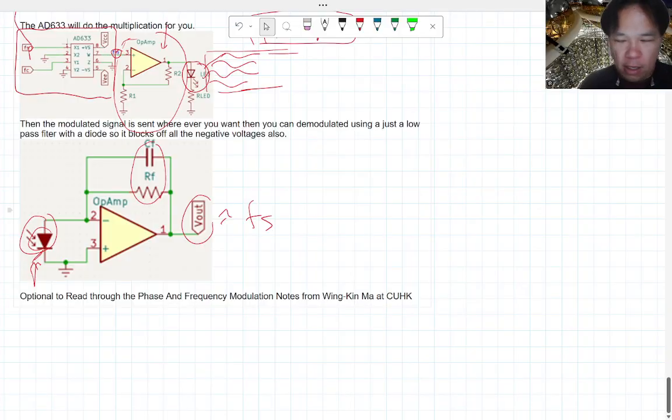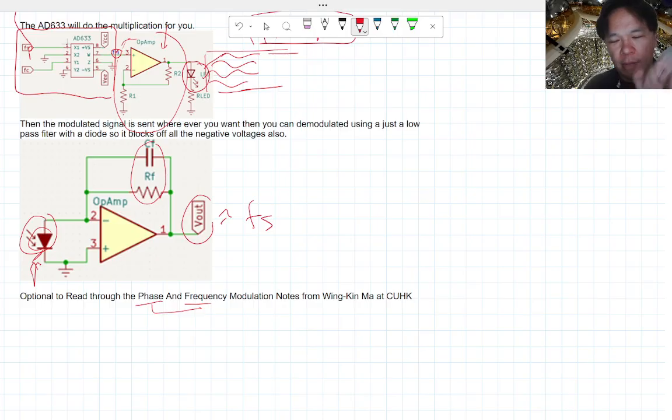Okay. I'm not going to go through the phase and frequency modulation, but those of you who are interested in how these actually work, they work in a very similar way as amplitude modulation, but you're using the phase difference and the frequency instead of the amplitude to send the information. So I posted the notes from the Chinese University of Hong Kong, who has some pretty concise notes on it.